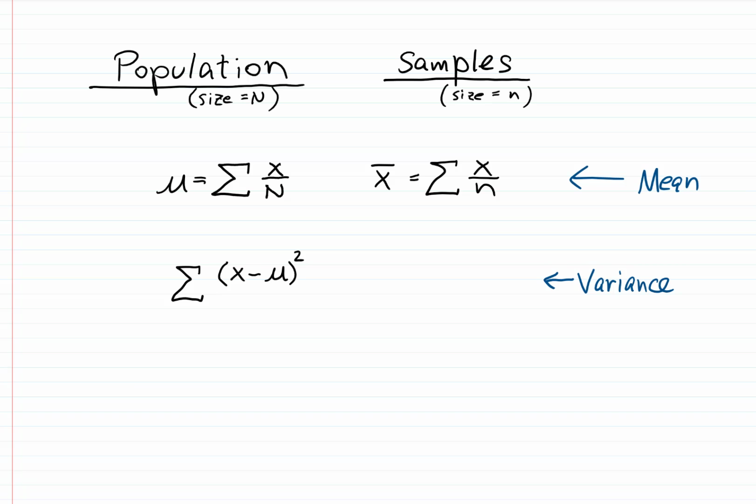And then we take the average of, so that means we divide that by the population size. And that's called the population variance. Okay? For the sample variance, it would look the same, except a couple of small differences. Instead of mu, it would be x bar. And this would be the sample size instead of the population size. And I'm actually going to change that number in a minute, but I don't want to yet. Okay? So that's how you do variance.